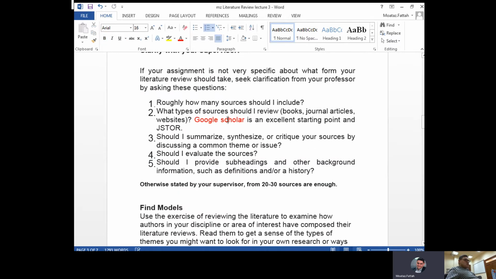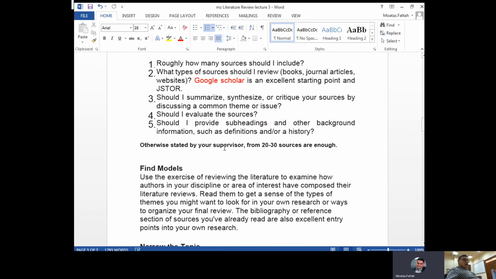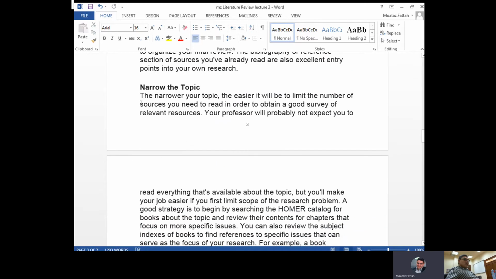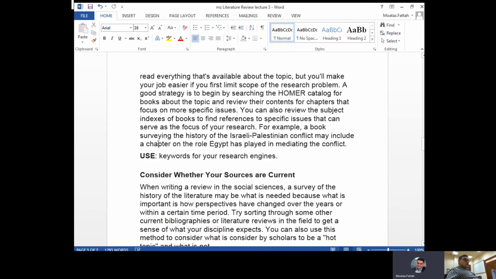You need to use Google Scholar to locate the most important and relevant scholarship, and see what other researchers did so you can learn from them. If the topic is too big, you can narrow it. You will need to use keywords to see where it is.